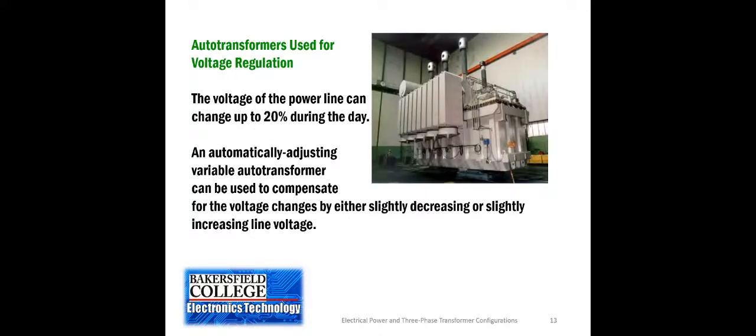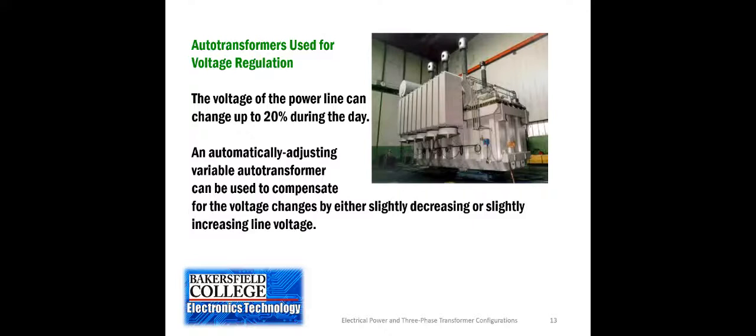As we said, one of the reasons why an autotransformer is used is because it's very efficient power-wise. So if we used one in a regulator bank, a voltage regulator, that's a lot more efficient than trying to change the taps in a regular transformer that has two coils per phase.